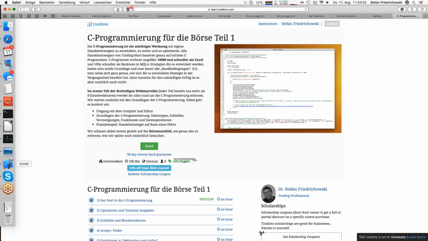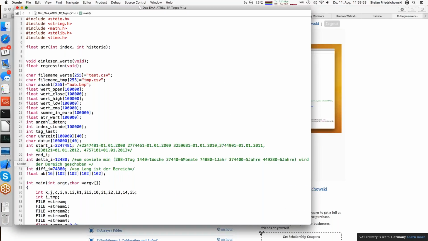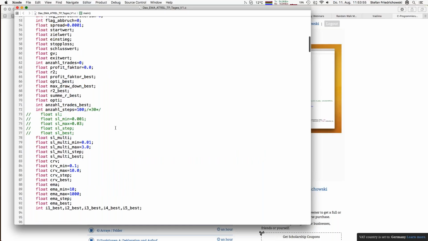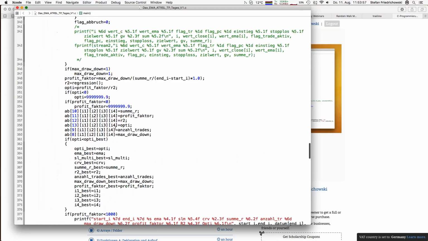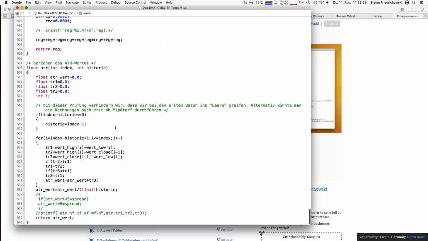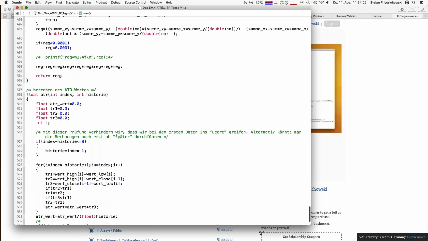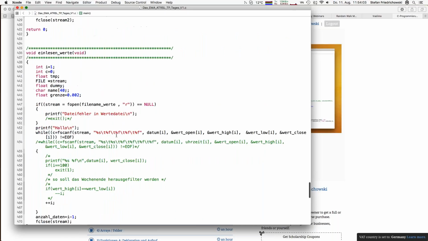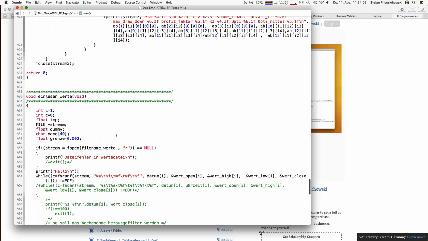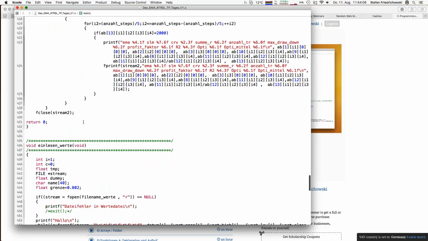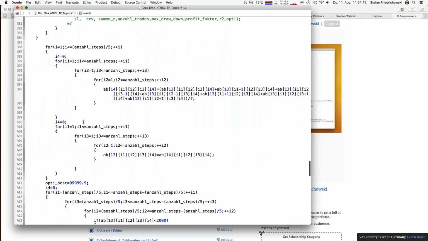It's not that difficult, and by the way, if you look here at the number of lines of code, it's not that huge. It's only a little bit more than 500 lines, and there are a lot of empty ones as well. So it's not that huge an effort to build up such a program.